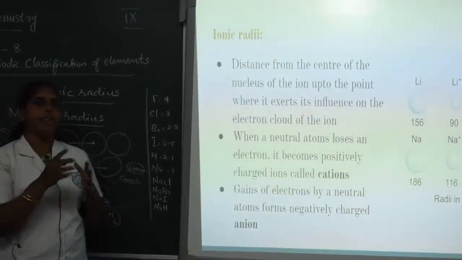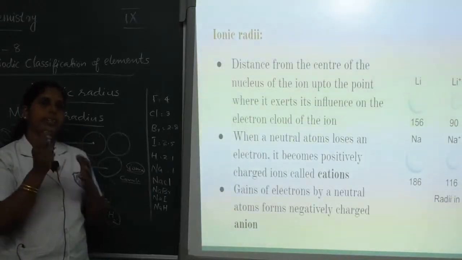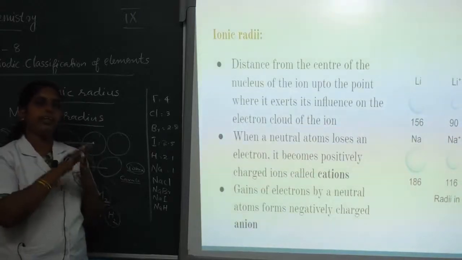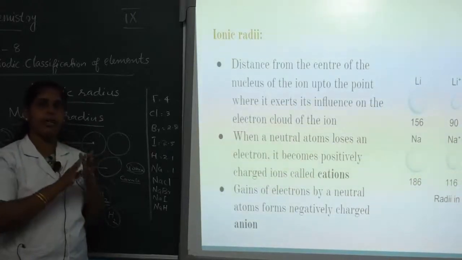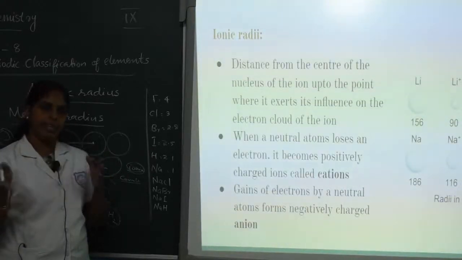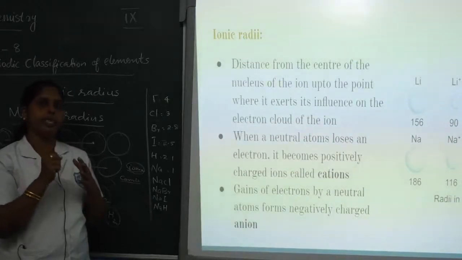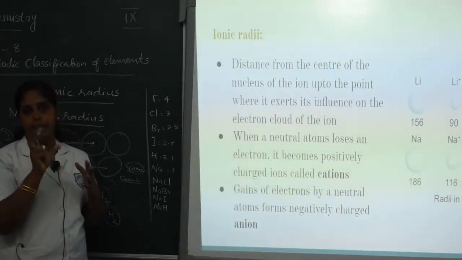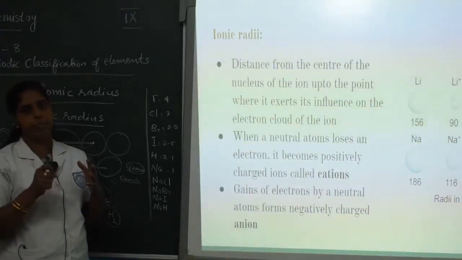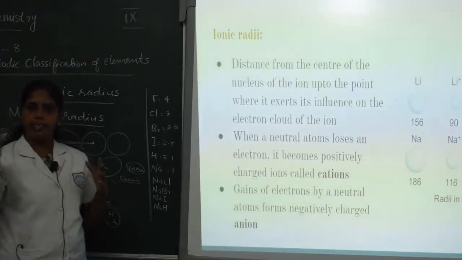Because no extra valence shells are added from left to right, the nucleus can hold all the electrons together. The atom shrinks and the size becomes very small. So from left to right the atomic size is decreasing.